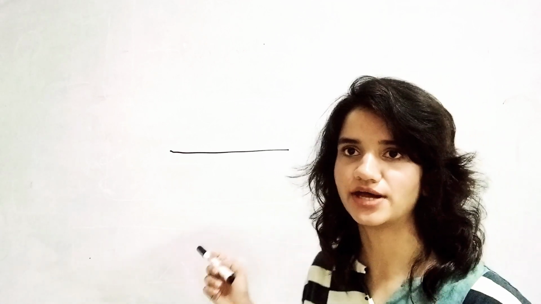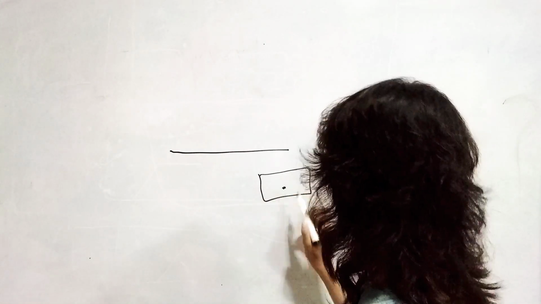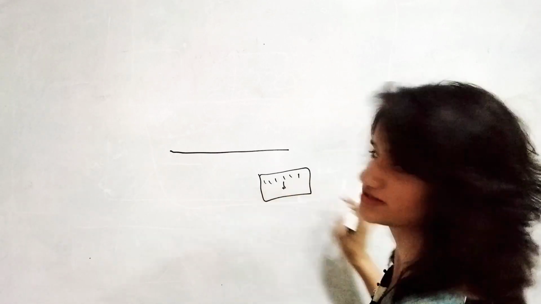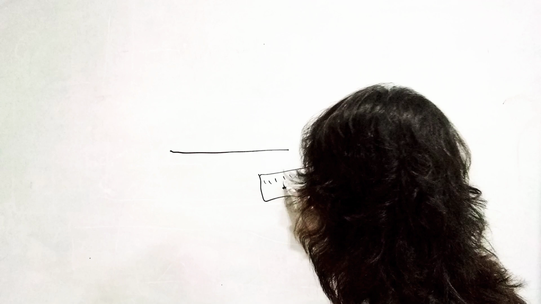So what will happen here? The compass has a needle, and if there is the presence of magnetic lines of force, it will deflect.